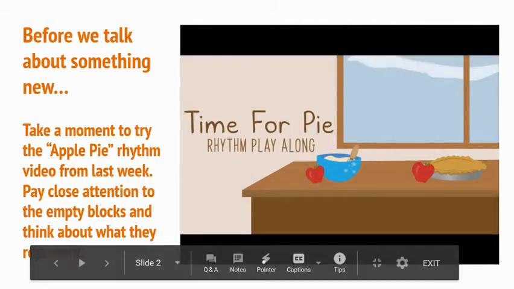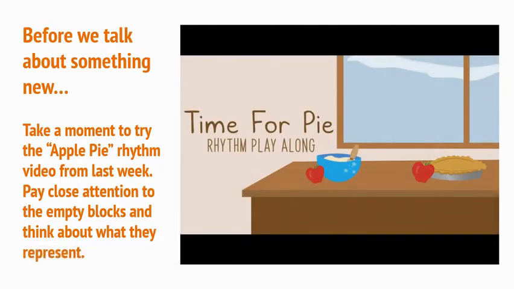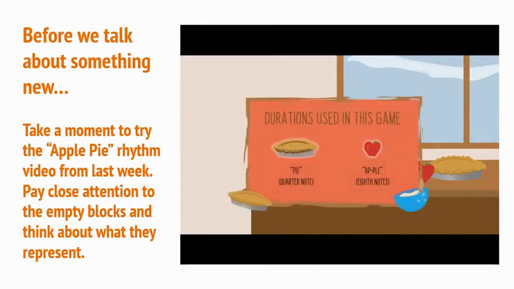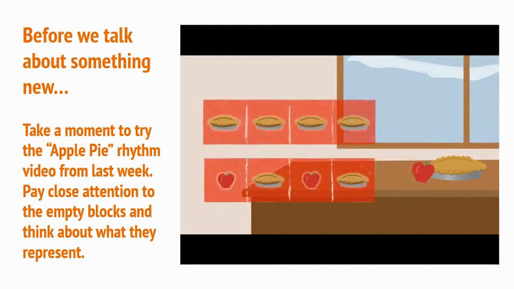So remember, when we see a pie, we'll say pie, and when we see an apple, we'll say apple. Oh, there we go. And pie is like a quarter note, one sound, and apple is like eighth notes, two sounds. Ready? Here we go. Pie, pie, pie, pie, apple pie, apple pie, pie, pie, pie, pie, apple pie, apple pie, apple, apple.